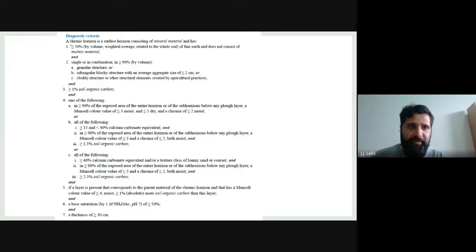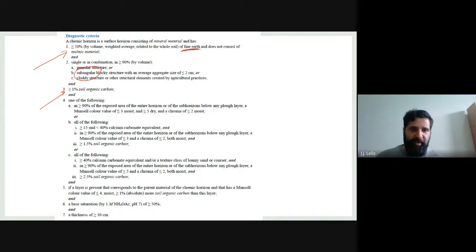So in this case, we have at least a fifth or half of the material composed by fine earth, okay, which should present a strong grade, which should present a higher content of soil organic carbon.